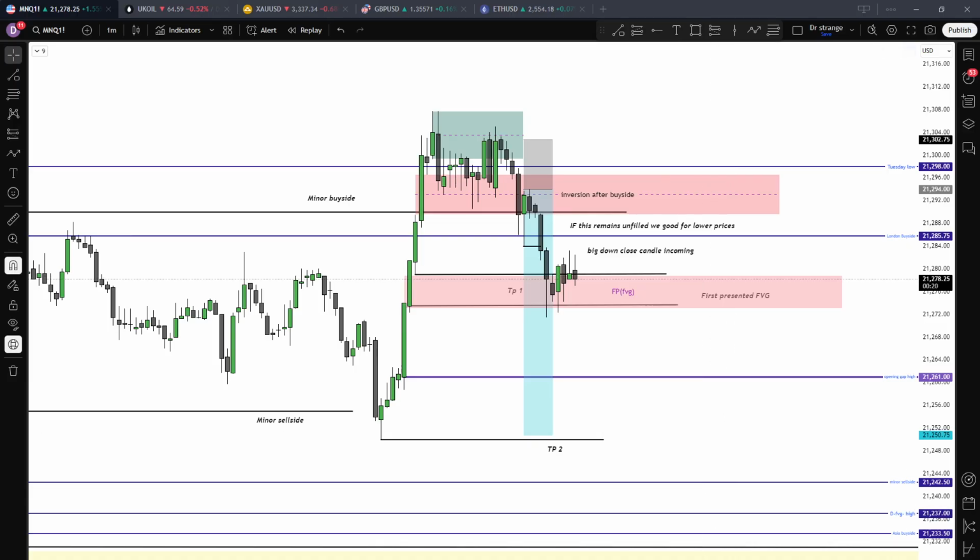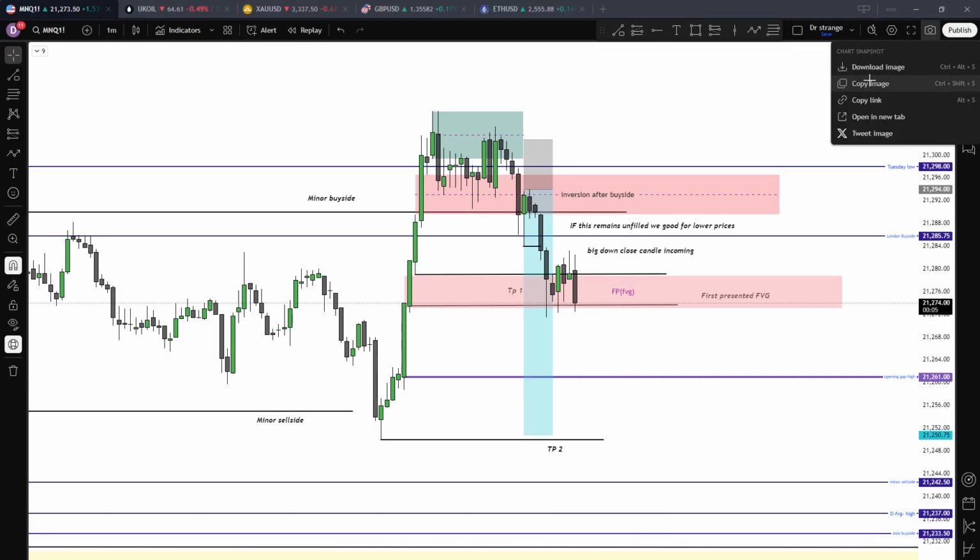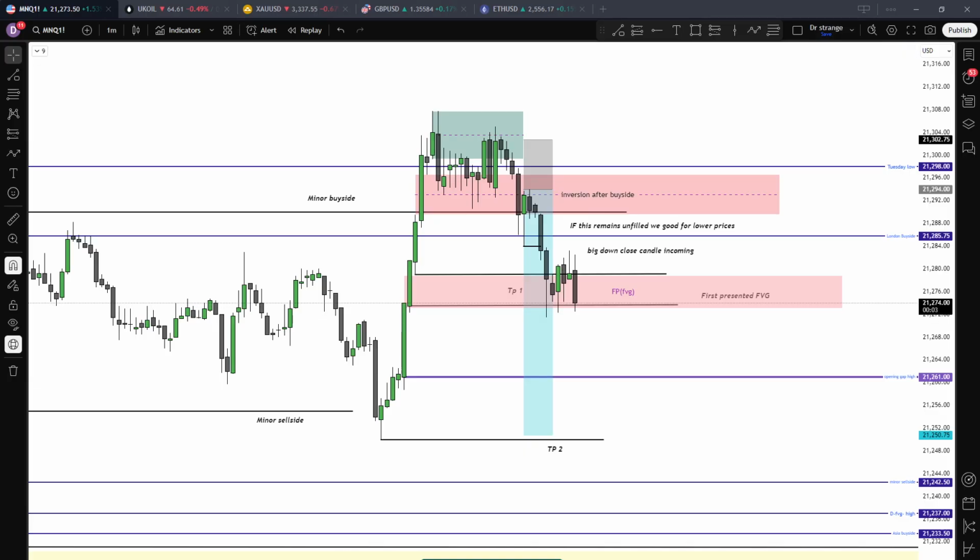So we are watching and watching. How do we perform? Remember, big down close candles. Well, so we want that thing to take us lower. Okay.